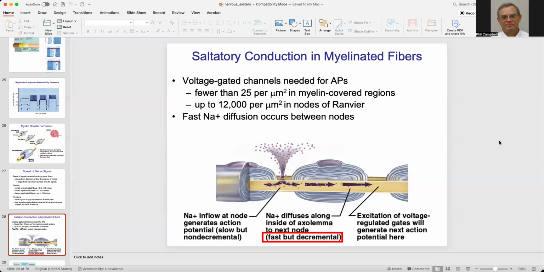It cannot happen here because it's covered. Now, this is where we talk about diffusional transport. Diffusion transport works really, really well in small length scales, and these nodes of Ranvier are very small.